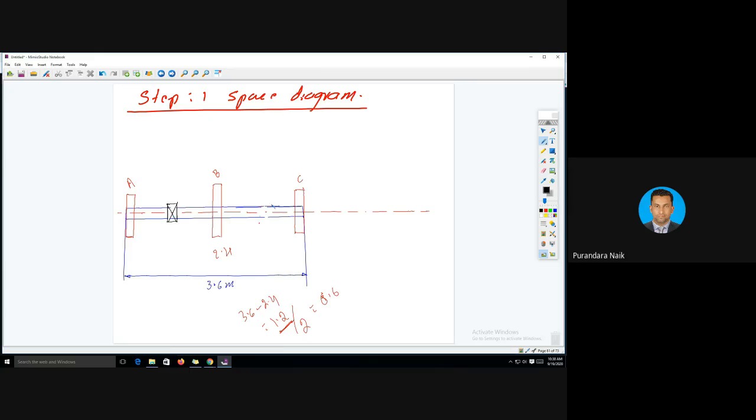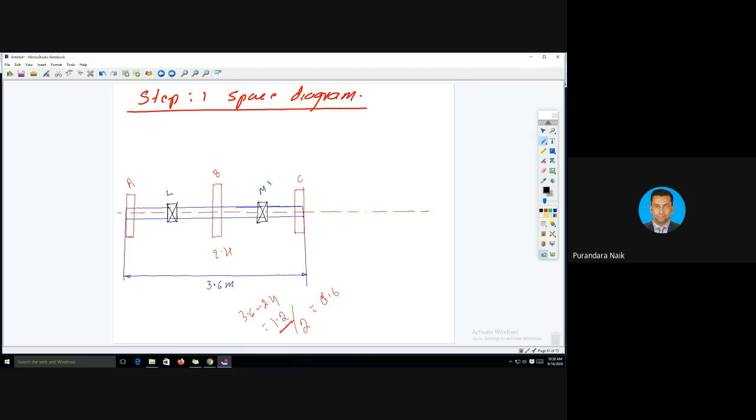This is indicating the bearing, and the second bearing is somewhere here. Yeah, this is the second bearing. The first bearing we'll take as L and the second bearing as M.